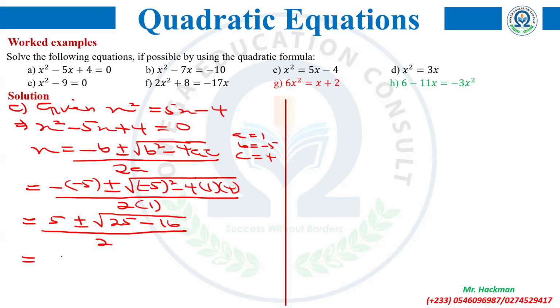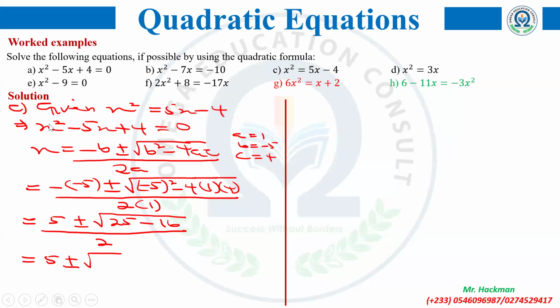This gives me 5 plus or minus root of 25 minus 16, which will give you 9. In actual fact, you can see that it is the same equation that we have here, put in a different form. This time around, these two were brought to the other side. So we end up getting the same result.